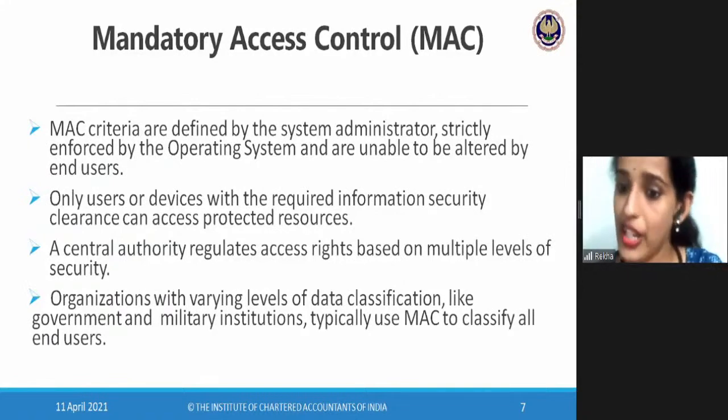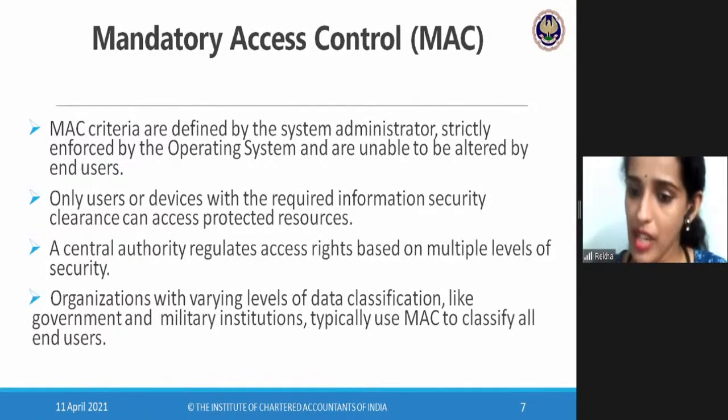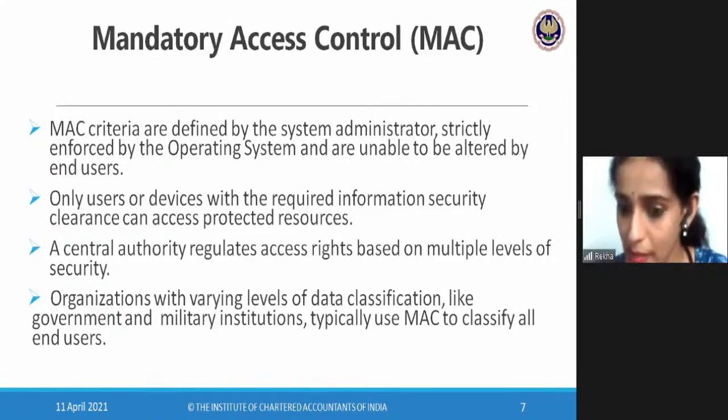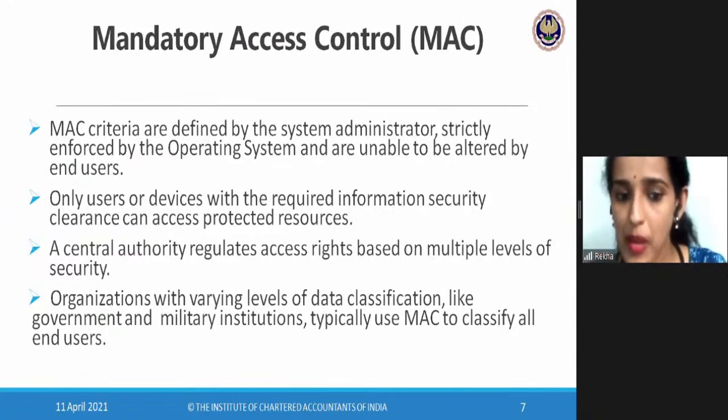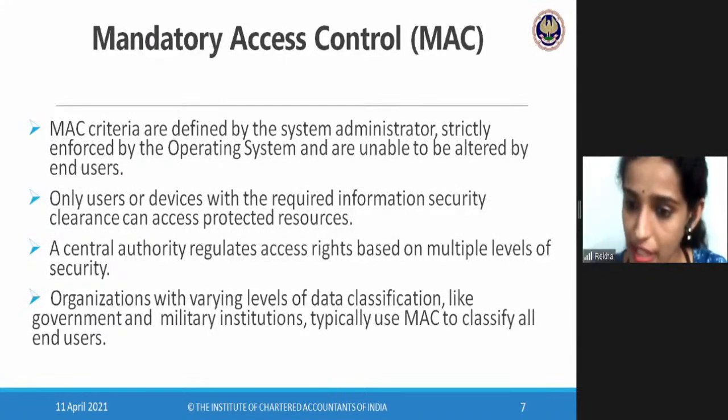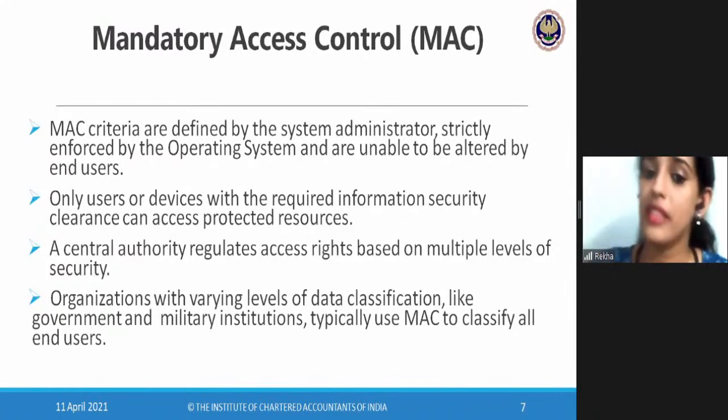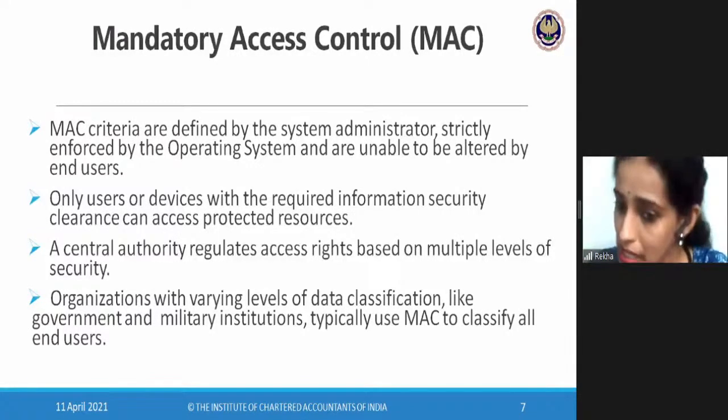Mandatory access control is very strong, but a lot of effort and time is involved. You need to monitor it continuously, every minute. It involves a lot of time and effort, but it is the most effective type of control. Clear? This is mainly done at the operating system level.